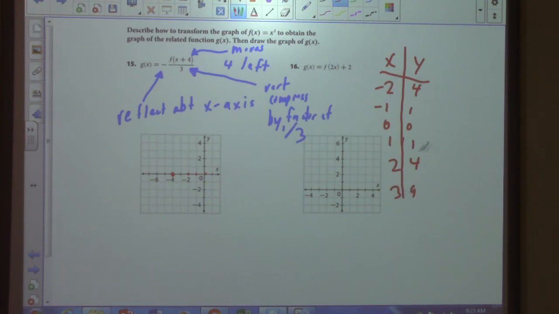So that's this pattern. But when you vertically compress by a factor of 1/3, what do you have to do? Well, you have to multiply all these by 1/3, right?